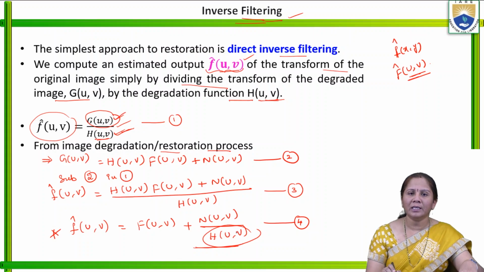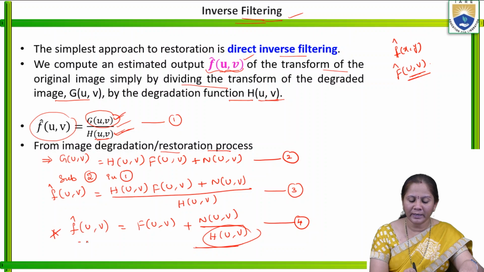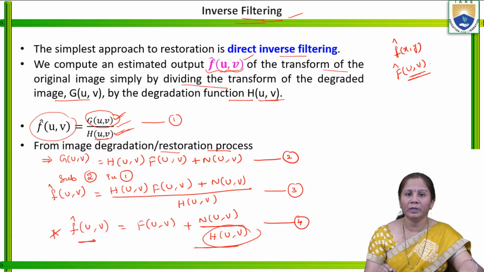So in this case, the estimated output f cap of u comma v will be high compared to the original image f of u comma v, because we will be having the infinity term here. That is the main limitation. So we should not consider this h of u comma v as 0. We have to consider some small value.